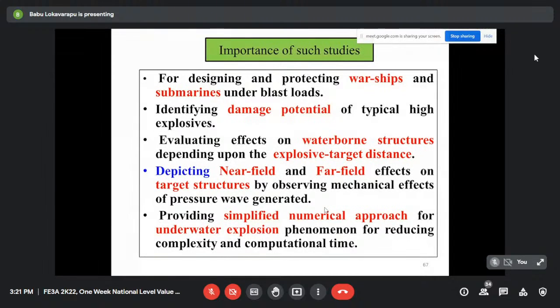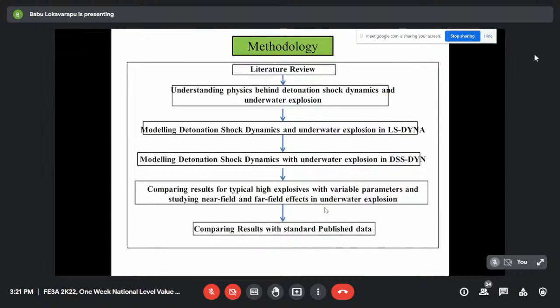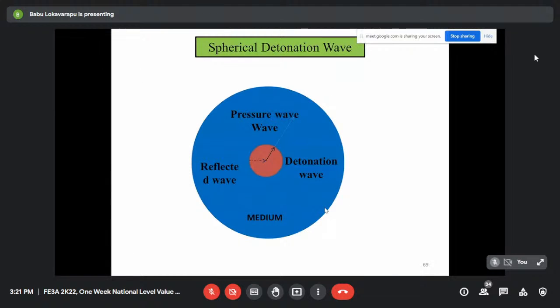It is something like RDX. They have very high potential to travel at high speed and damage nearby structures. And SEP is basically 65% weight PETN and 35% weight paraffin. So these almost belong to the same family with different detonation velocities. Okay, this is the scenario.